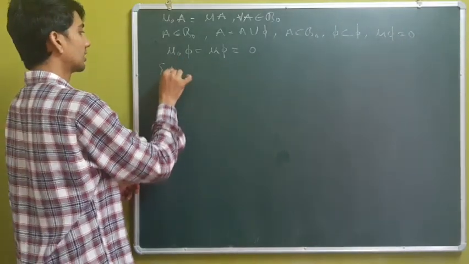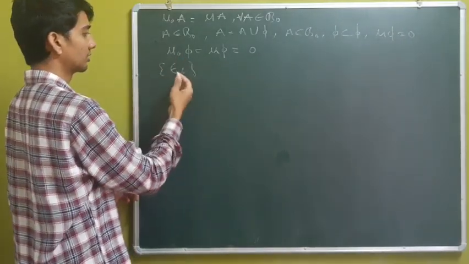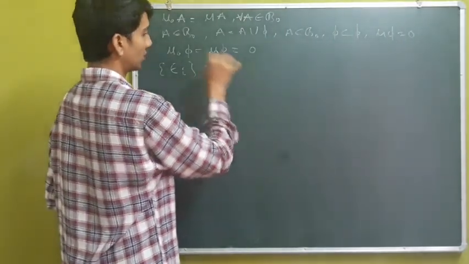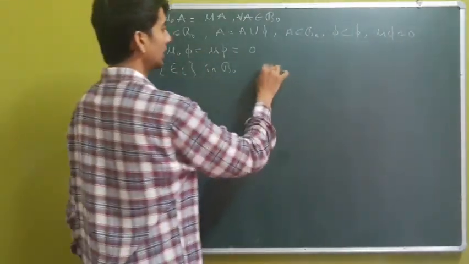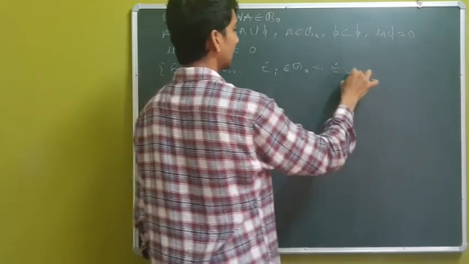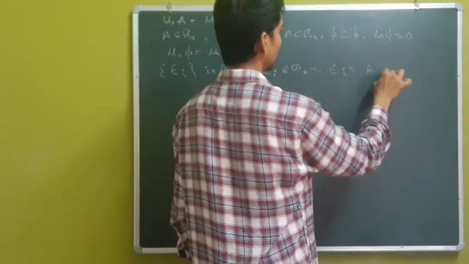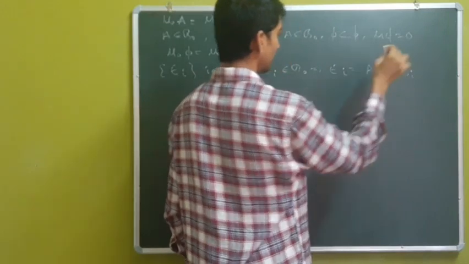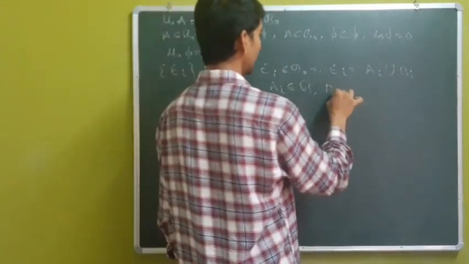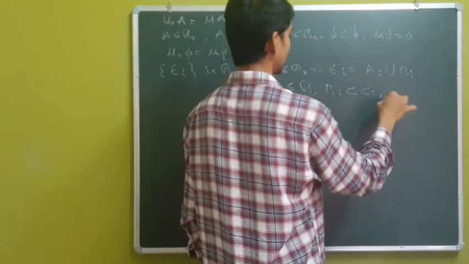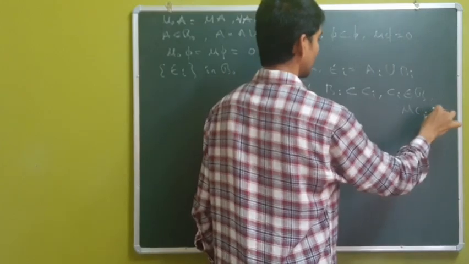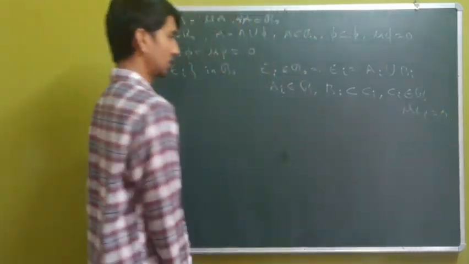In order to do that, I will consider a sequence of sets, say E_i in B naught. If E_i is in B naught, then E_i can be expressed as the union of A_i and B_i, where A_i is in the collection B, and B_i is contained in some C_i, where C_i is in B with measure of C_i equal to 0.